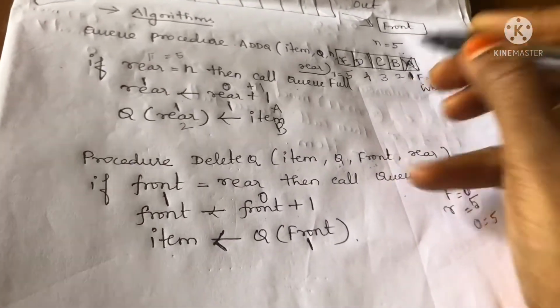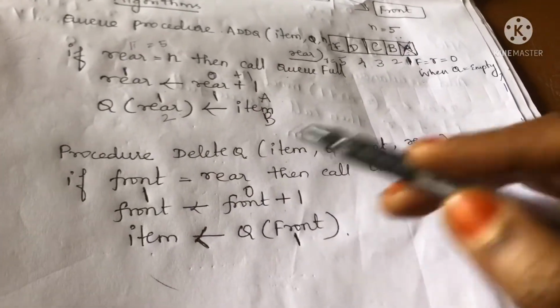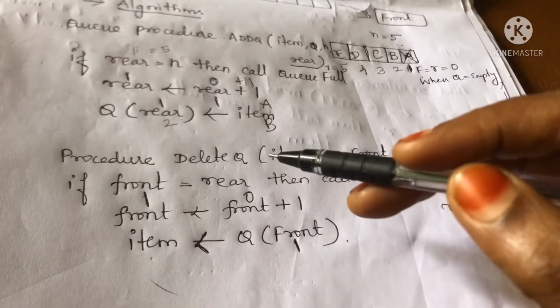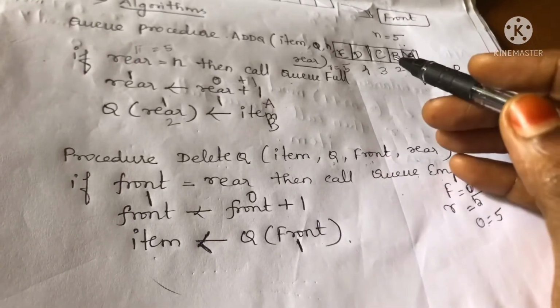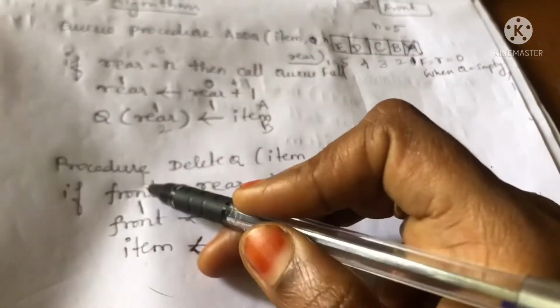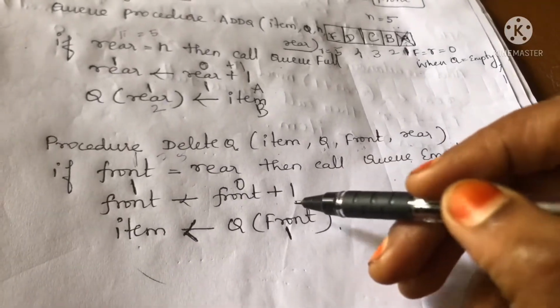Likewise, this process will be repeated, continuing the loop. Now front value is 1 and rear is 5, 1 equal to 5. This condition is also false, so move to the next step.